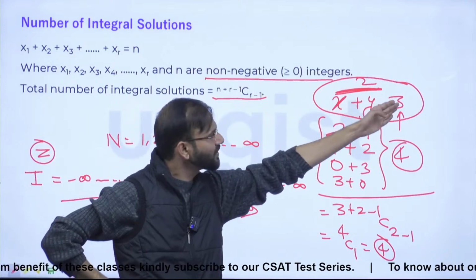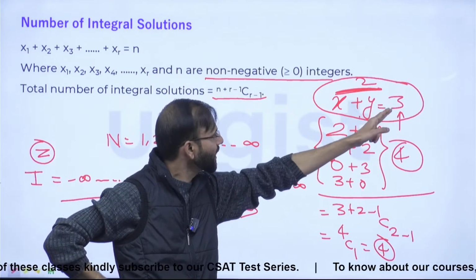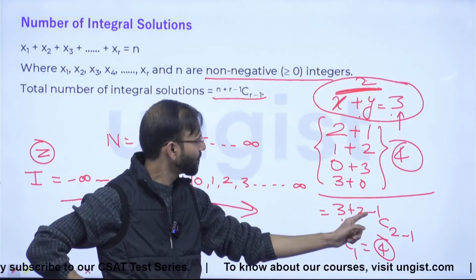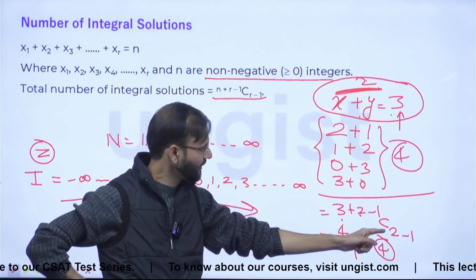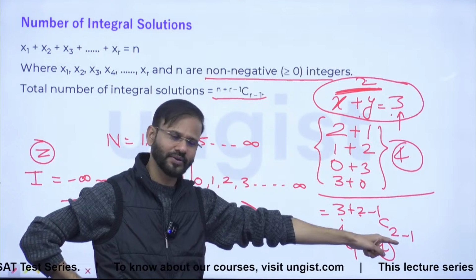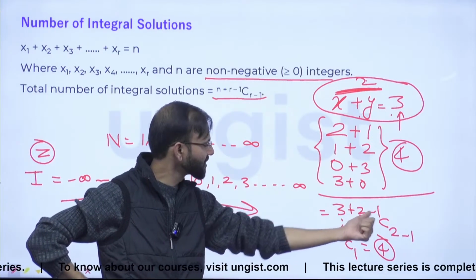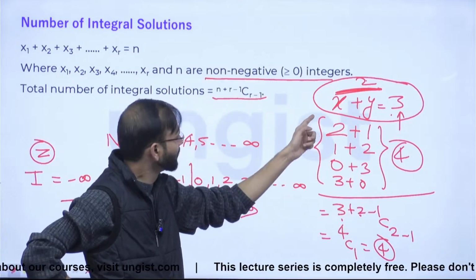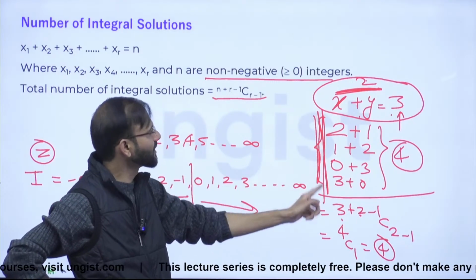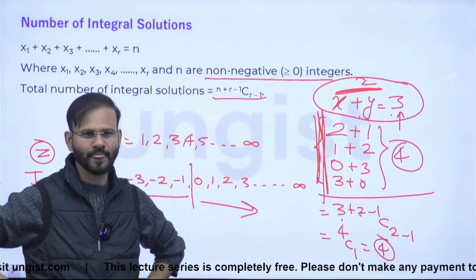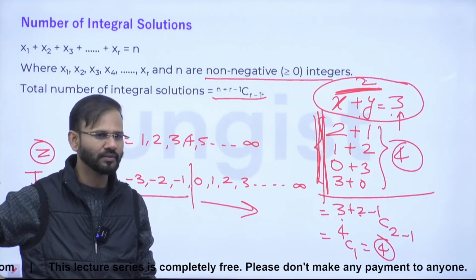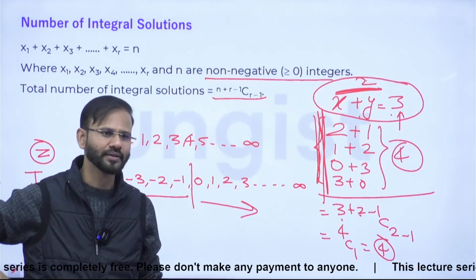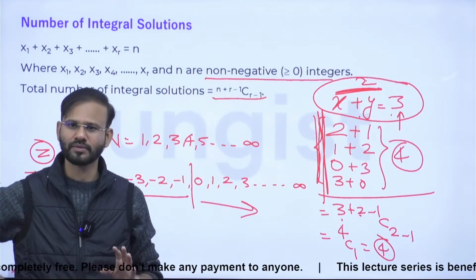And RHS side we have N. So formula says N plus R minus 1 C R minus 1. Right? So this will become 5 minus 1, which is 4. 4C1. 4C1 is equal to 4. Right? And you have manually calculated the number of solutions and you have got the answer as 4. Correct, guys? Right, everyone? Any confusion, please? Any query? Any doubt? No? Good.